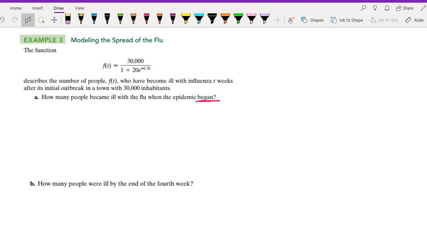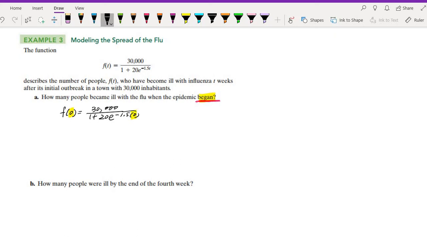When we talk about the beginning, it means your t is 0. All you have to do is find f of 0: replace t with 0, and everything else you just copy down.